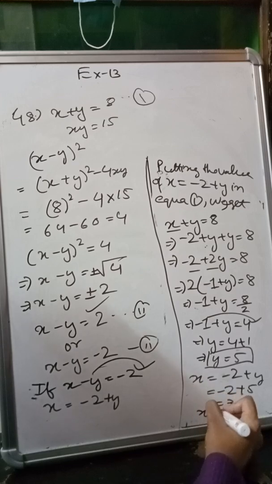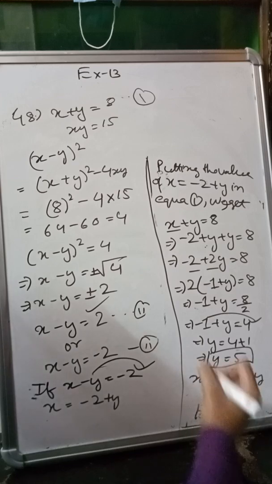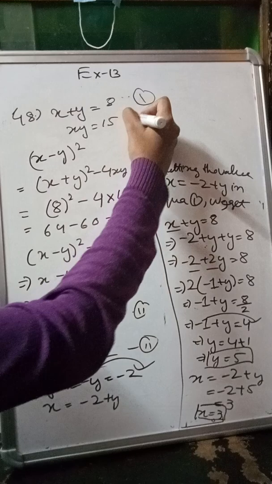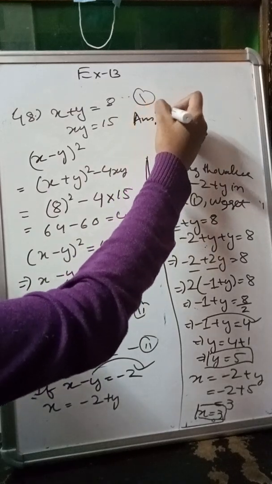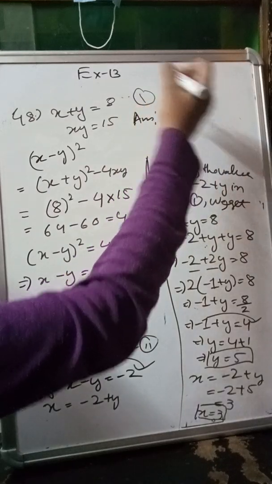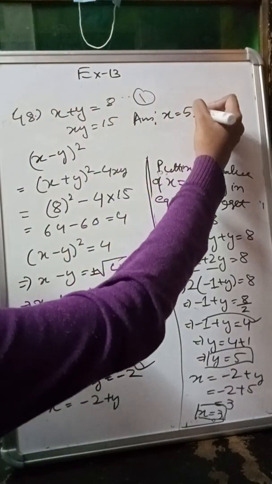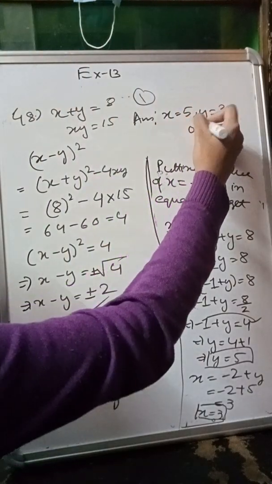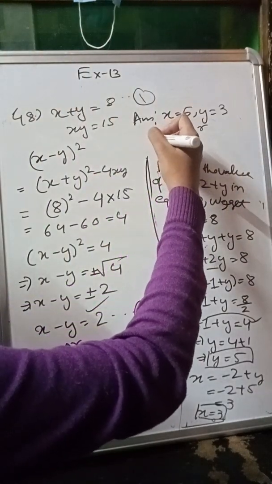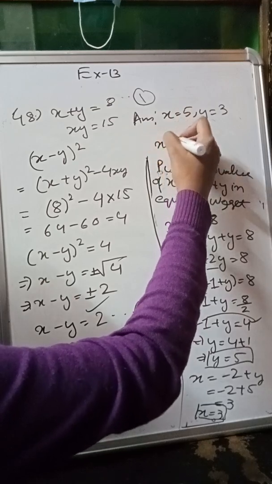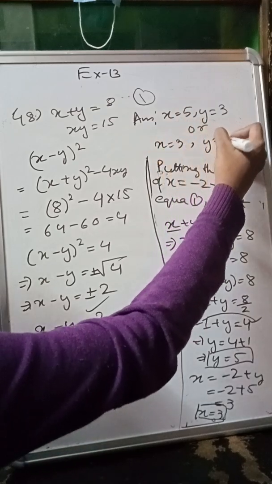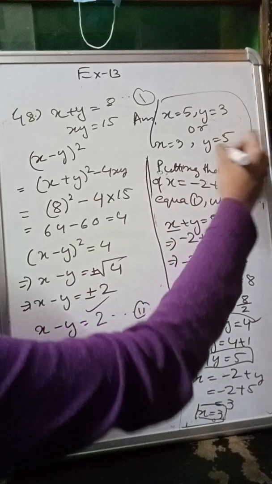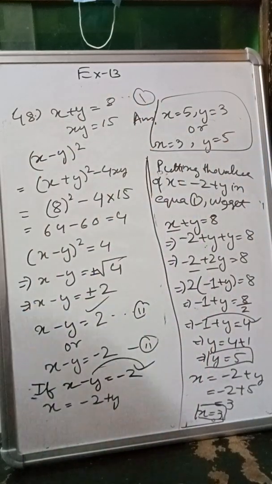So my x value is 3. So the answer you can write is x equals 5 and y equals 3, or x equals 3 and y equals 5. So this will be your ultimate answer.